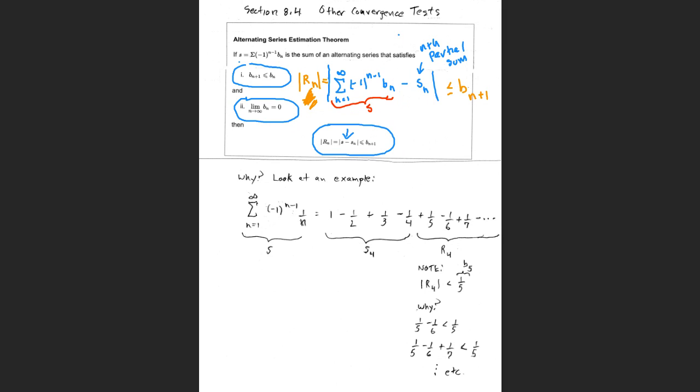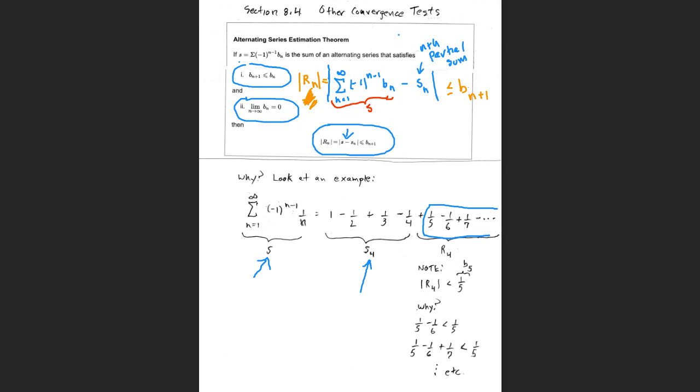I have here the alternating harmonic series, and that series is our series, so we'll use S to denote it. Let's suppose I write out the first 4 terms of the series plus the remainder.